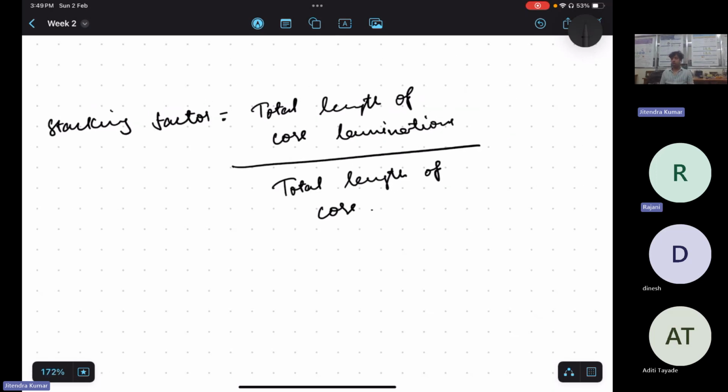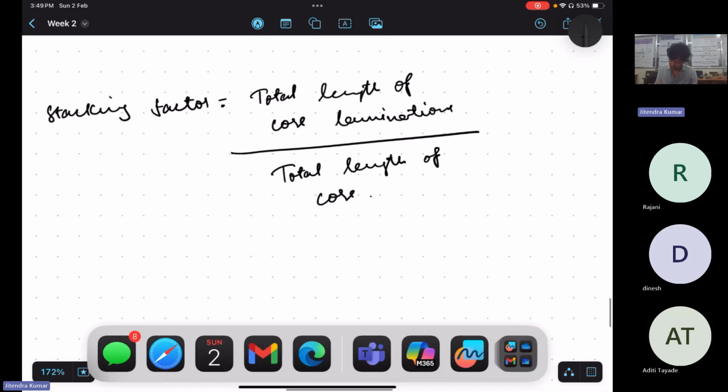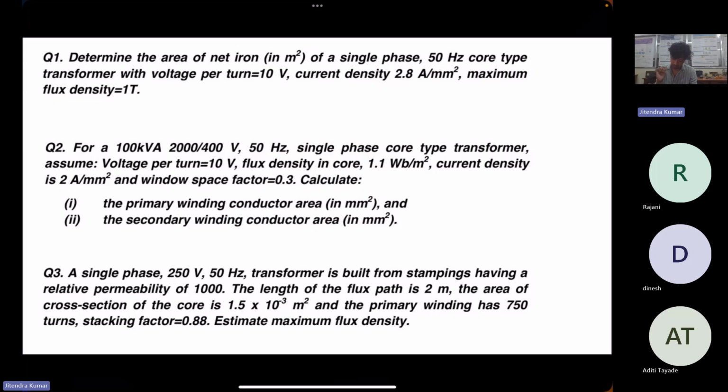So it will always be less than 1. Typically, it varies from 0.9 to 0.95. The value given here is 0.88.